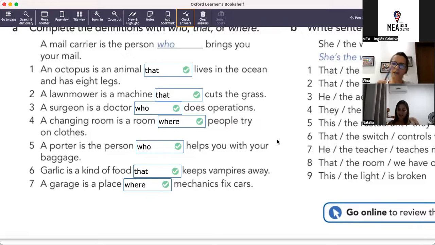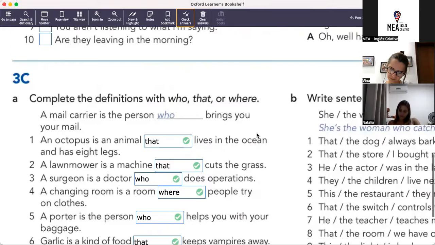Porque mechanics é a pessoa, tá? Ok, então. Aí eu não sabia que mechanics era a pessoa, aí eu pensei que tava falando de outra coisa. Ok. Okay? Ok, perfect. Good. Let's come back.